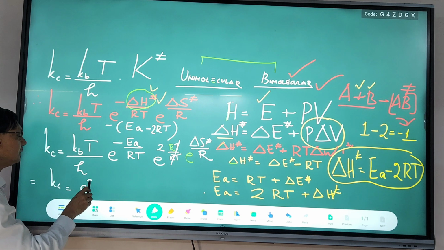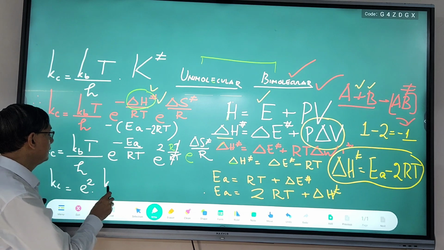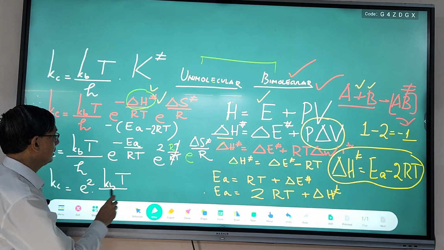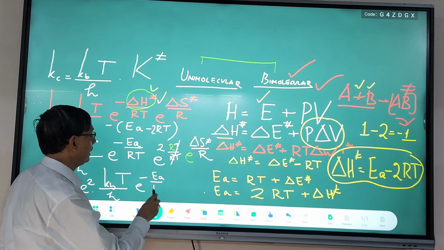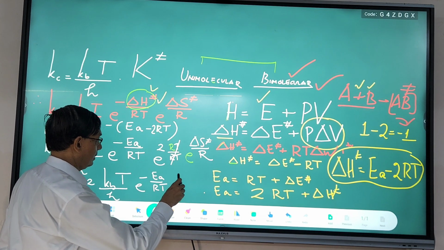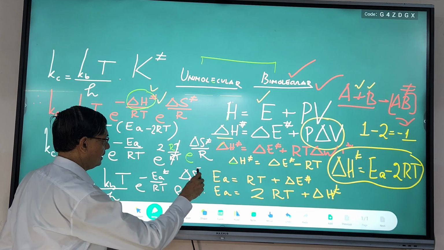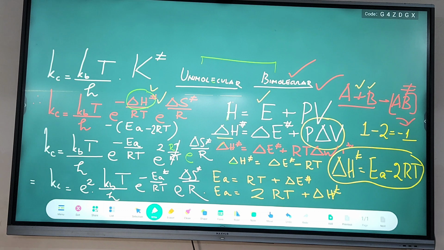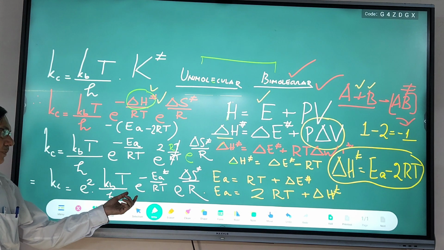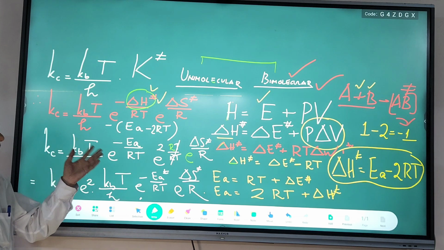As I told you in my first part, there is a very minute change. K_B T by h e to the power delta S by R. So for gaseous reactions also you can use this type of equation, modified from the Wynne-Jones and Eyring.